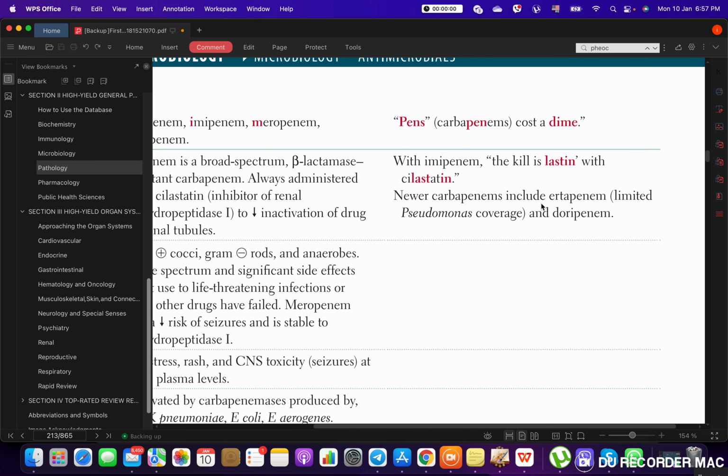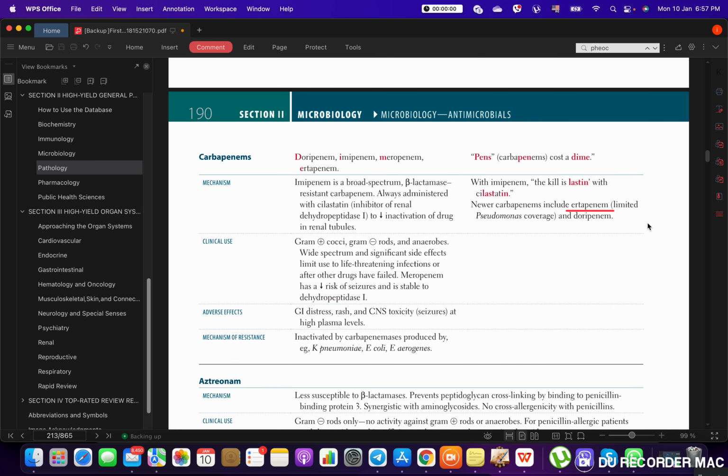So newer carbapenems include ertapenem, which has limited coverage of pseudomonas, and doripenem. So ertapenem and doripenem are the newest of the newest. So we would like to use them more, correct? Not a good idea.